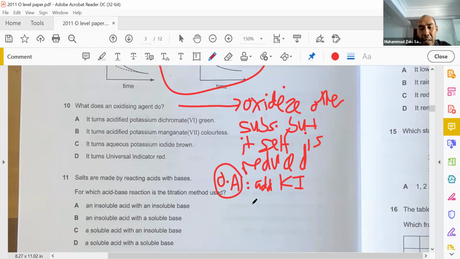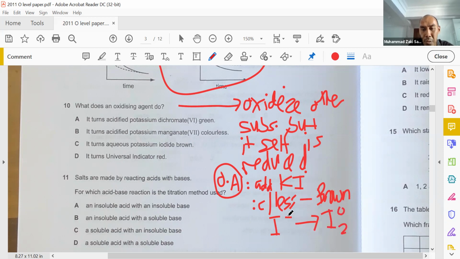When you add KI, it should turn from colorless to brown, because in this case the KI manifests as I minus. When it gets oxidized, it becomes I2, where the charge is 0. Going from minus 1 to 0 is an increase in charge, so it's oxidized. So the answer should be C.